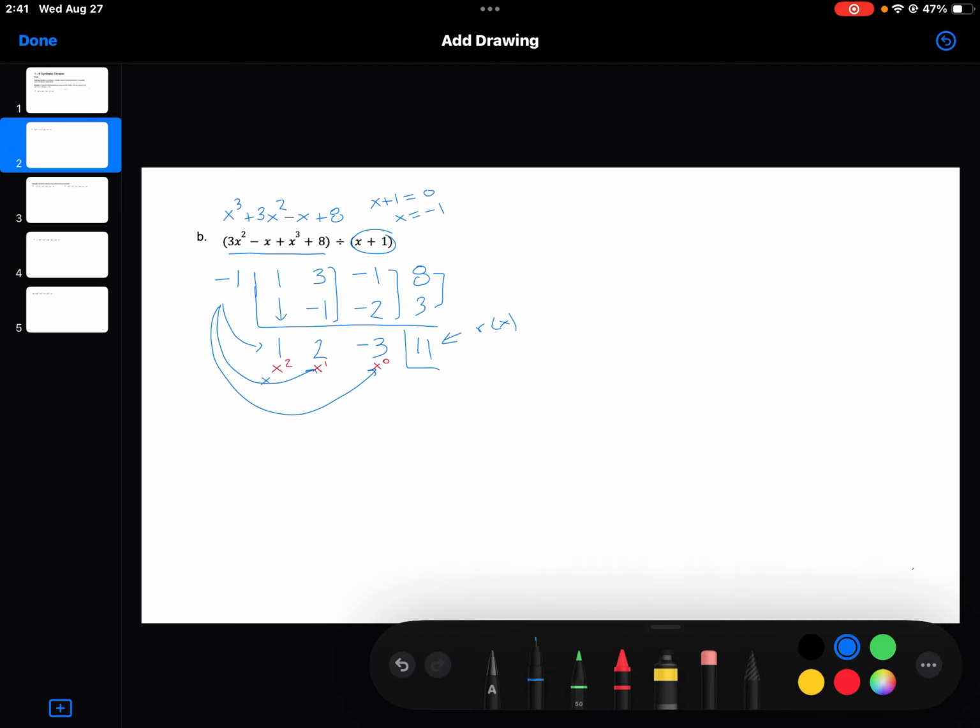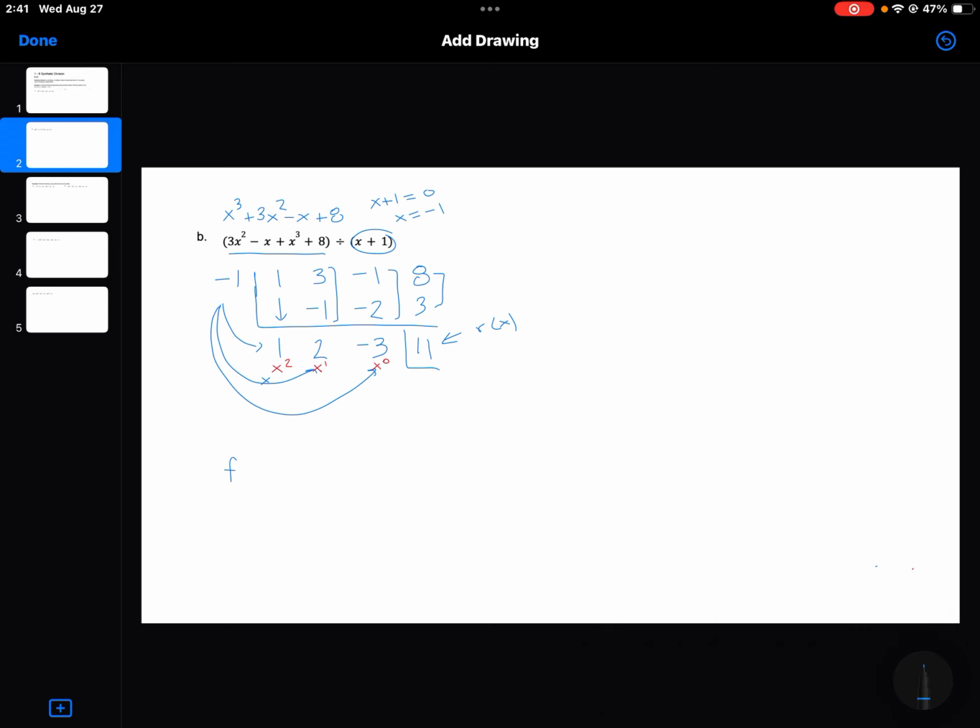So when I write out my division statement, I'm going to say f of x is equal to my divisor, x plus 1, times my quotient, which is my answer, x squared plus 2x minus 3, plus the remainder, which is 11.